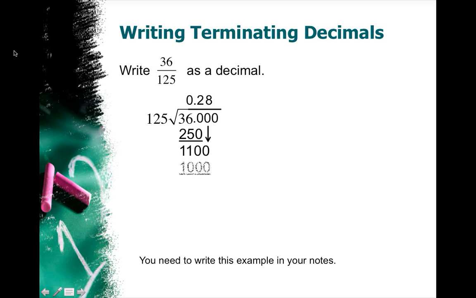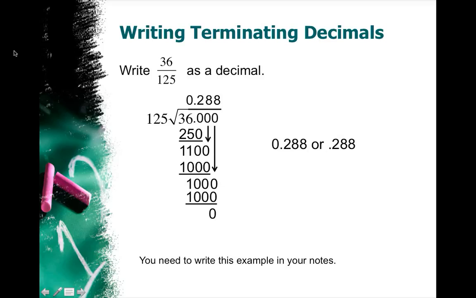8 times 125 is 1,000. We subtract, find the difference. We're left with a remainder of 100. 125 will not go into 100, but it will go into 1,000, so we bring the 0 down. And 125 goes into 1,000 8 times. We found that out on our last calculation. We multiply that. 1,000 minus 1,000 is 0. We have a remainder of 0. So whenever we have a remainder of 0, that means we have a terminating decimal.